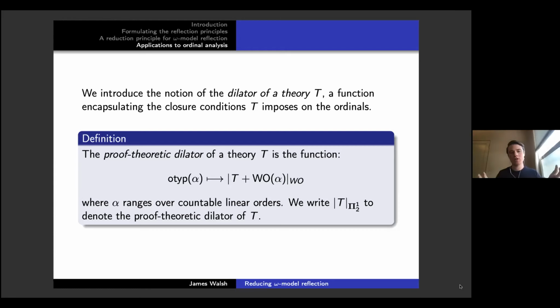The proof-theoretic dilator of a theory T is a function which maps the order type of alpha to the proof-theoretic ordinal of T plus the statement that alpha is well-ordered. And alpha here is ranging over countable linear orders. We write T sub boldface Pi-1-2 to denote the proof-theoretic dilator of T.